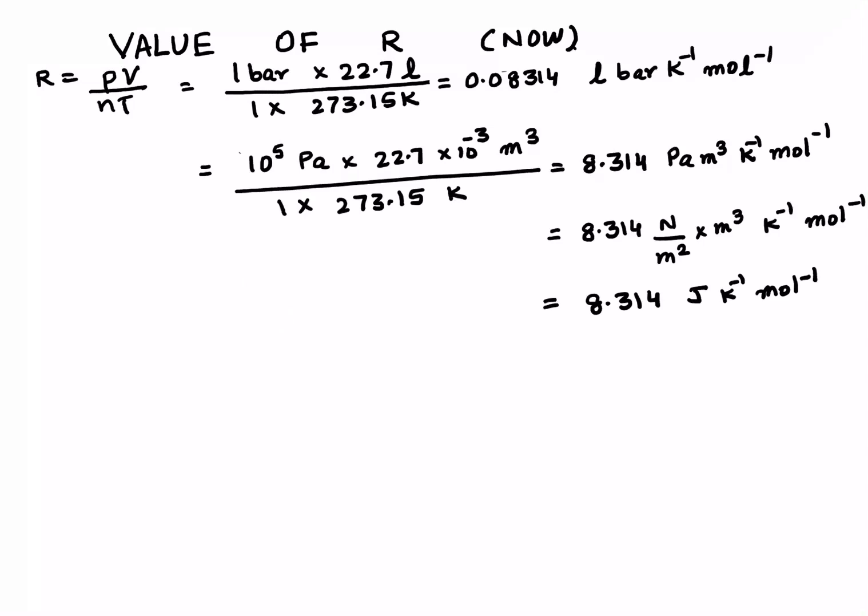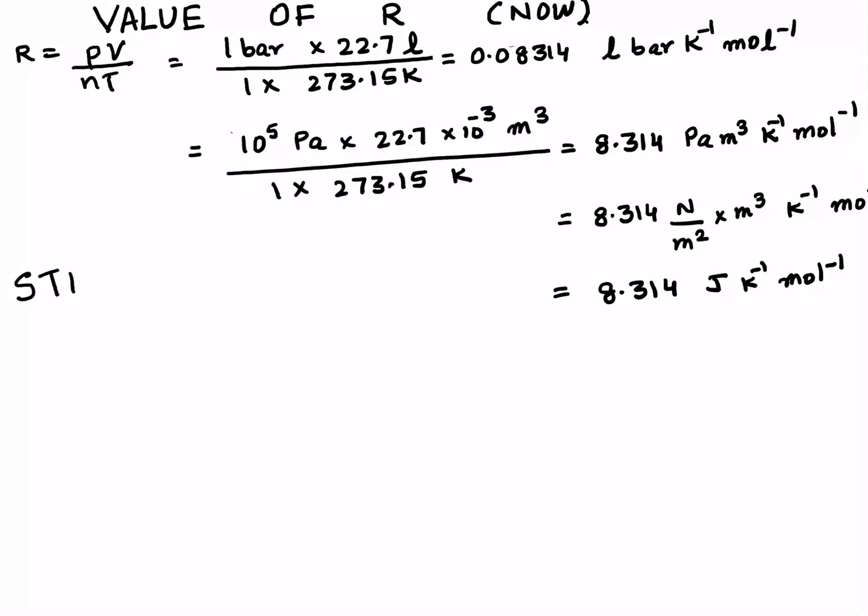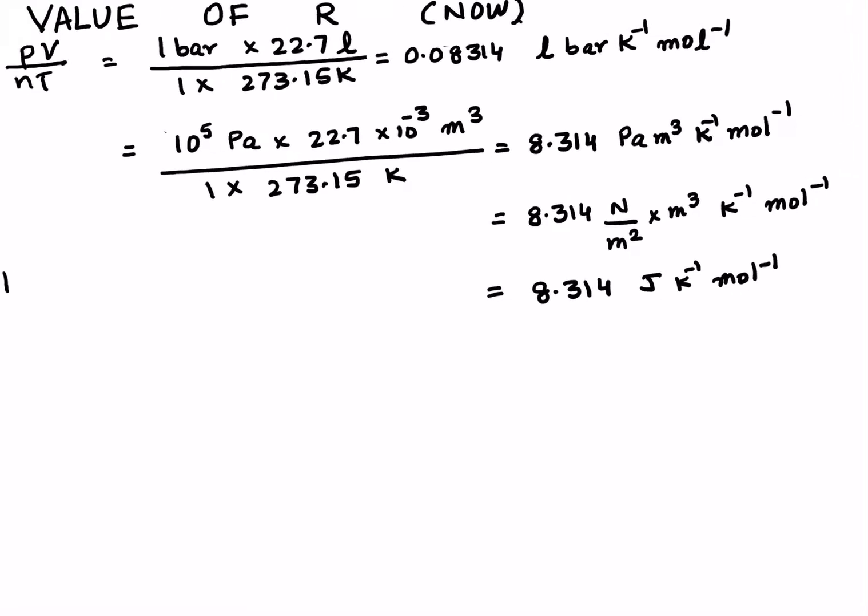If I go by the standard units, the standard unit of pressure is Pascal. For volume, it will be meter cube per mole per Kelvin. Now, if I am talking about the standard temperature and pressure conditions, right? So what I've got over here, 1 bar means I will have 10 to the power 5 pascals over here.